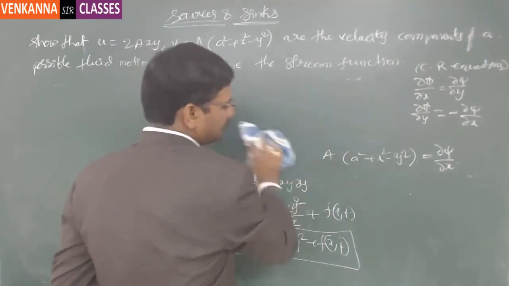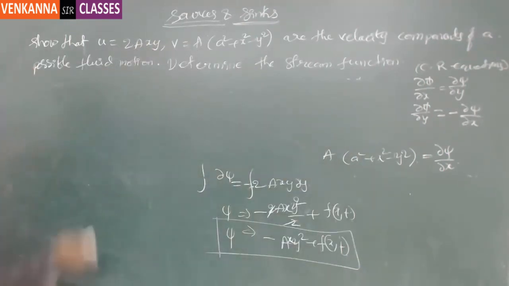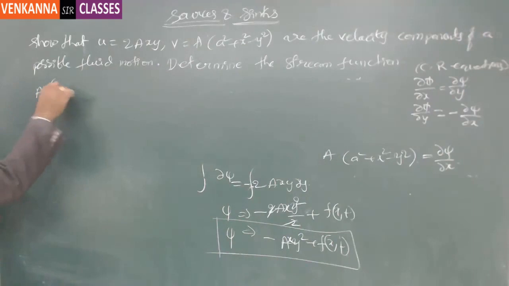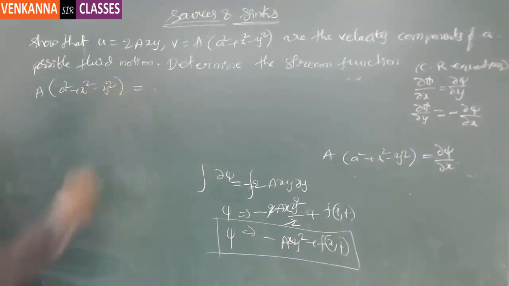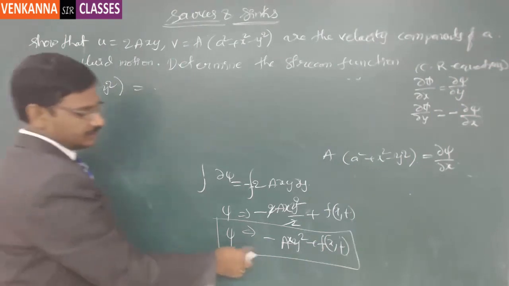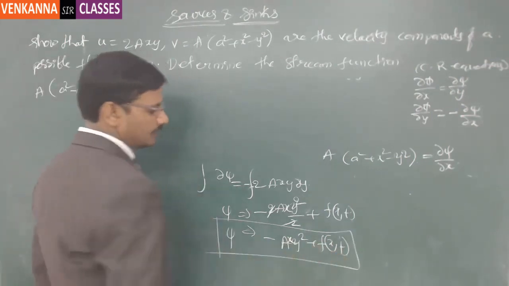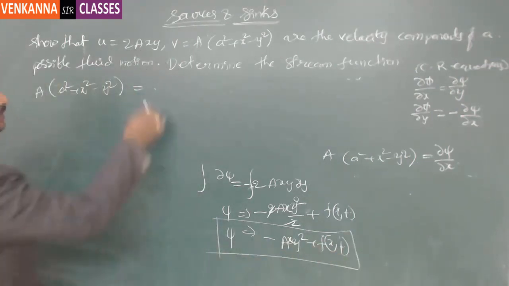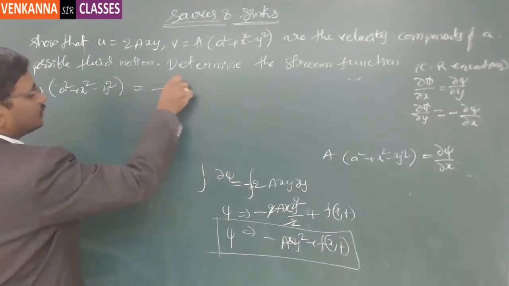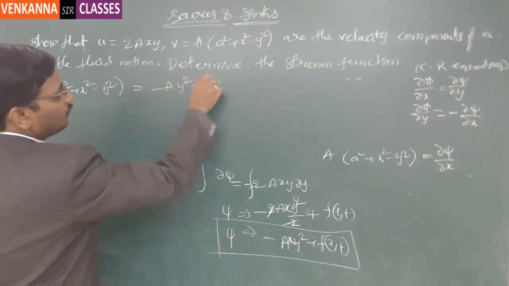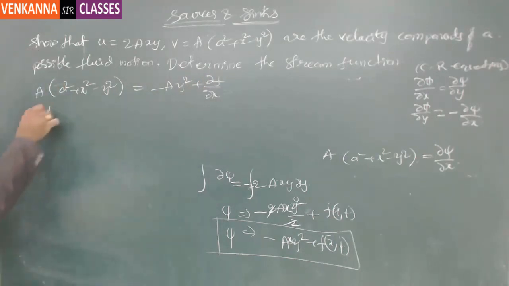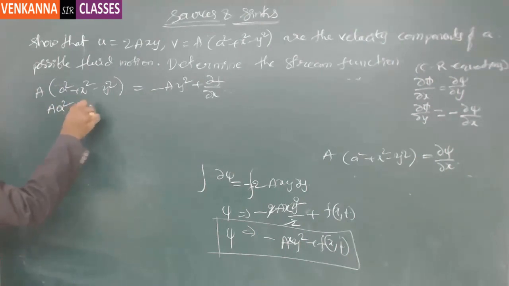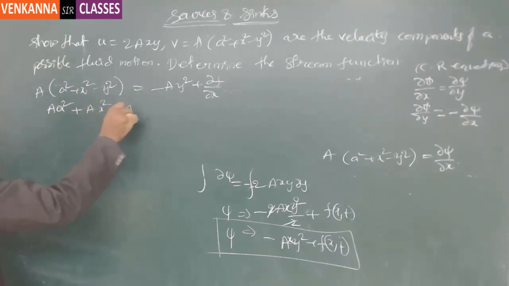From this, this value, that is a into a² plus x² minus y², is equal to ∂ψ/∂x, where ψ is minus axy² plus f of x comma t. So then this will be minus a y² plus ∂f/∂x. Now this is equal to a² plus x² minus a y².